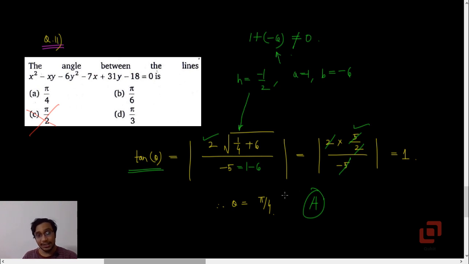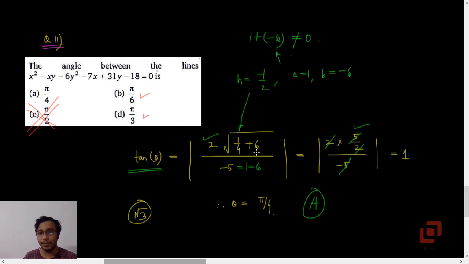Now the other thing is, having already eliminated pi by 2, if at all the angle is pi by 6 or pi by 3, the term root 3 must appear in the simplification. So the moment you see a perfect square inside the square root, you have to mark pi by 4, because tan pi by 6 and tan pi by 3 both are irrational numbers.